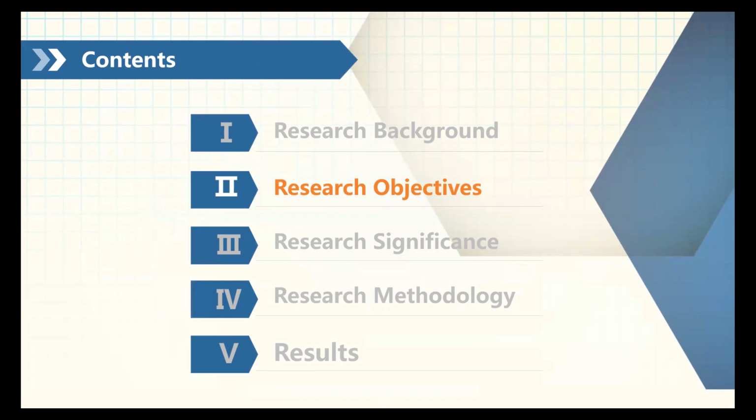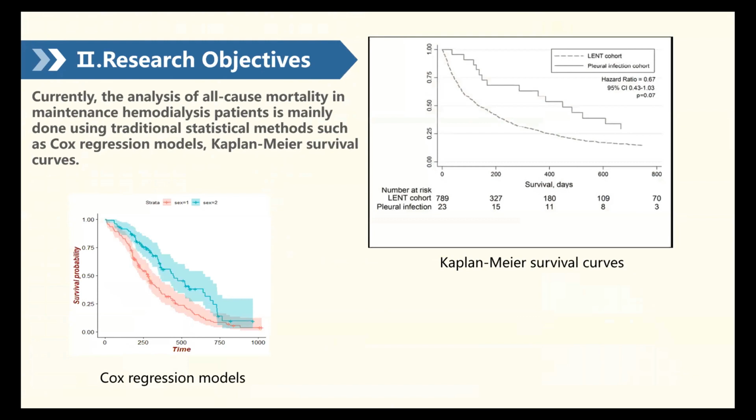Secondly, I will talk about the research objectives. Currently, the analysis of all-cause mortality in maintenance hemodialysis patients is mainly done using traditional statistical methods such as Cox regression models and Kaplan-Meier survival curves.